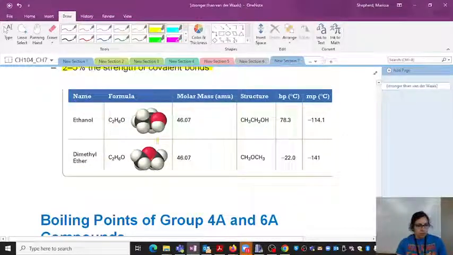We had our oxygen here providing our negative electron density and making this side of the molecule have a negative charge. But even if we compare it to ethanol, with similar molar mass, so that's not a factor, you can see this huge difference in boiling point. Dimethyl ether has a boiling point of 22 versus ethanol of 78.